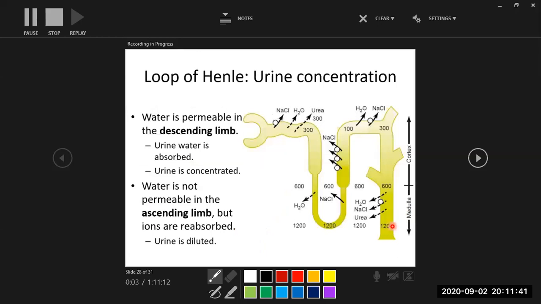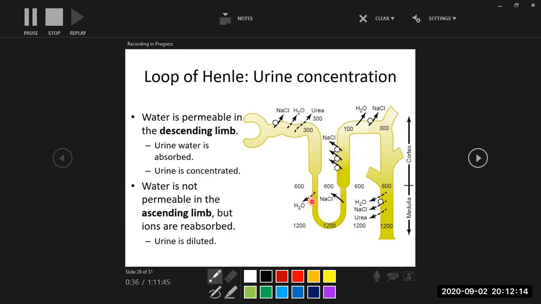Why is that important? This sodium reabsorption is the way to maintain the medulla concentration. How can we get this medulla so salty? That's because we have this pump, the sodium 2-chloride potassium transporter, to absorb the sodium back to our body. That is needed because it provides the high concentration down to here, 1200.